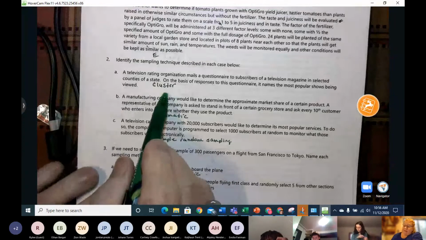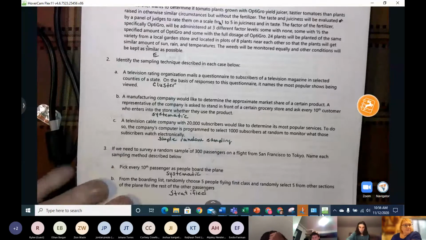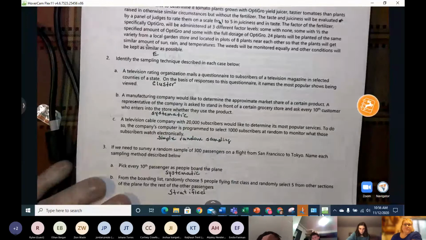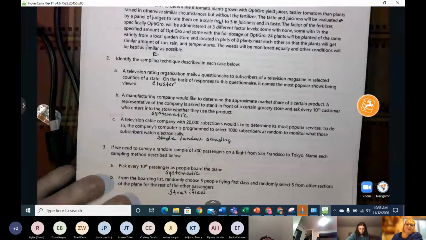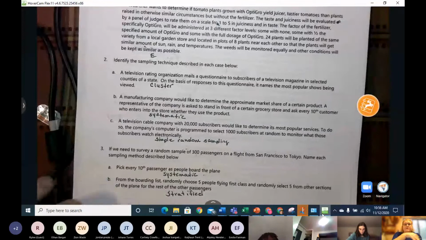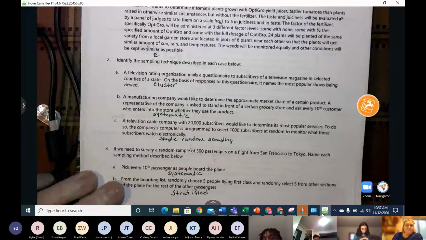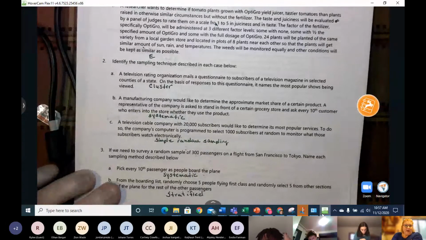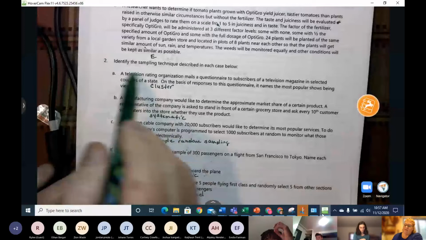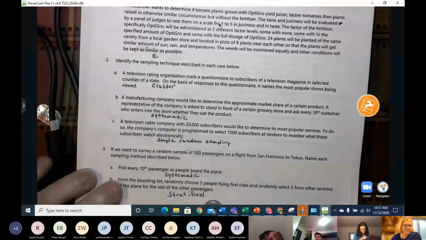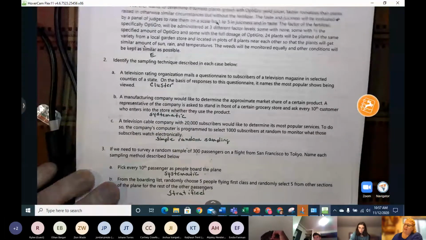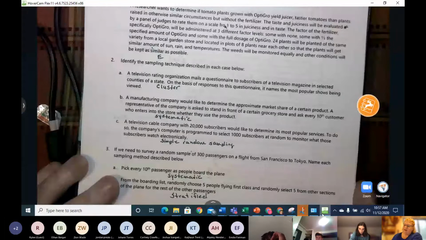And so that makes it cluster sampling. If it randomly picked from each of those areas or those counties, then that would change it to be stratified, but it's picking the entire cluster to get its information from, not just randomly picking selected people from those areas. So that's a difference between cluster versus stratified.